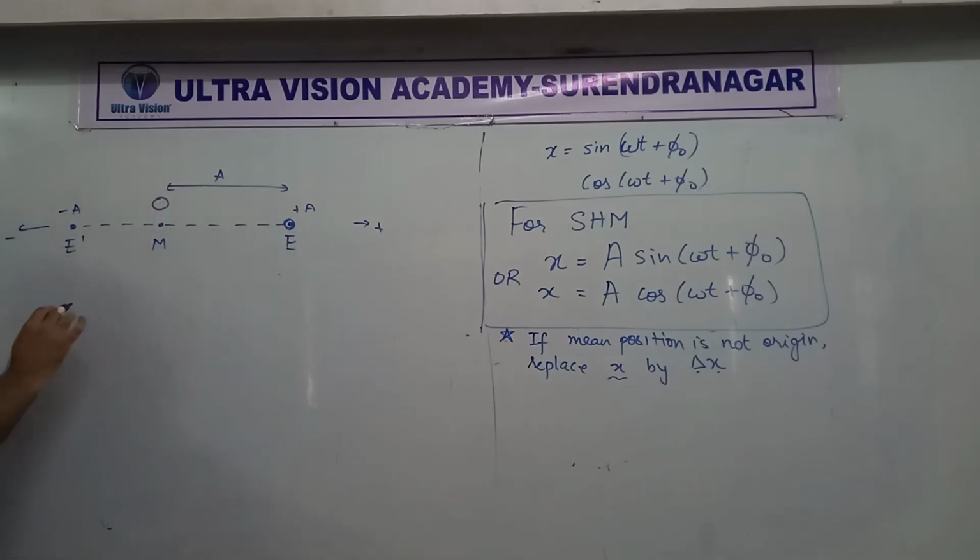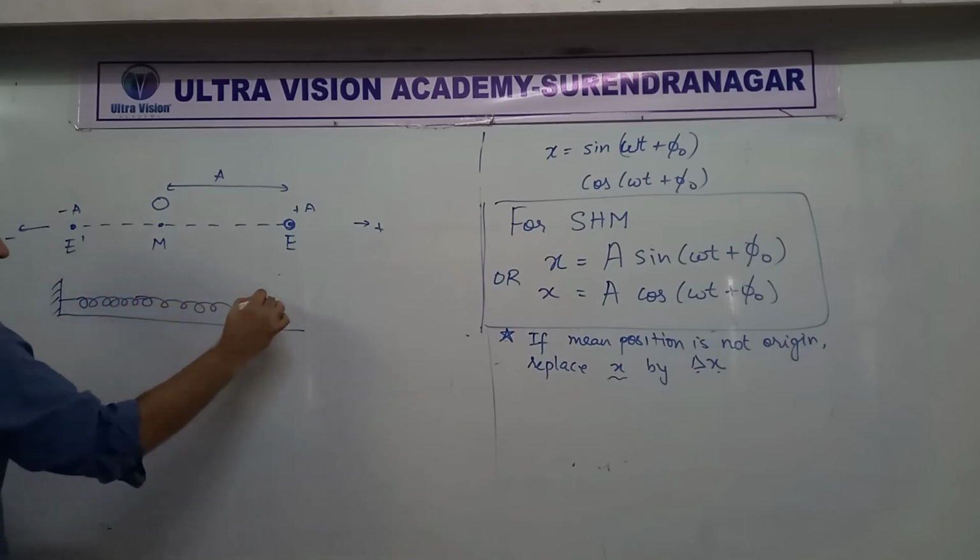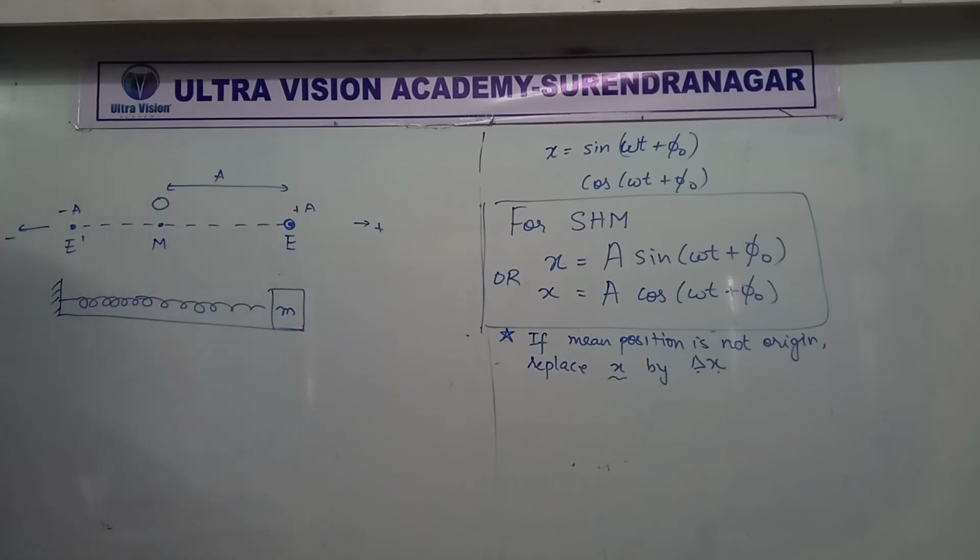Now, this is just a diagram for indicating what's going on. You can compare it with a physical system like this. This is a spring that has been stretched. Here is a mass m. This much length is the natural length of the spring.